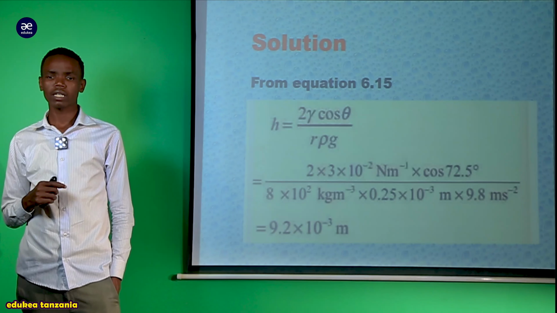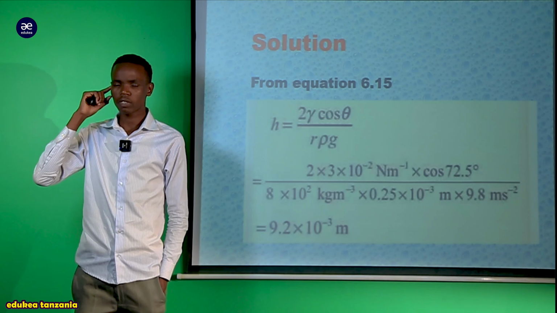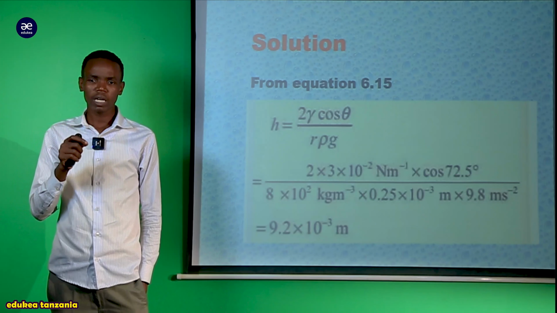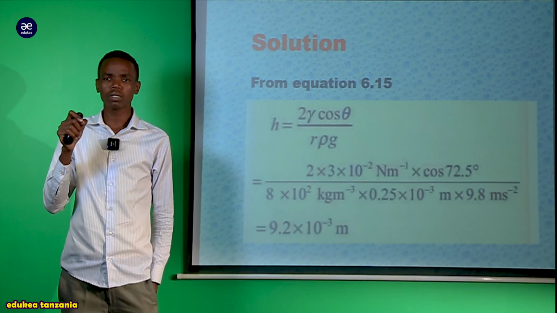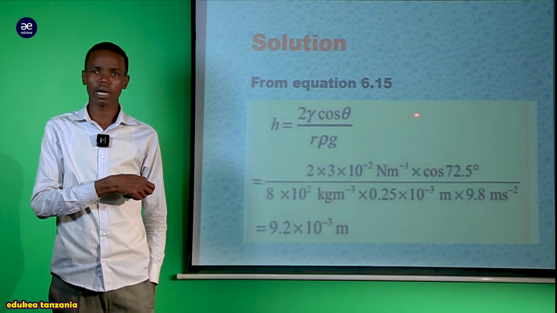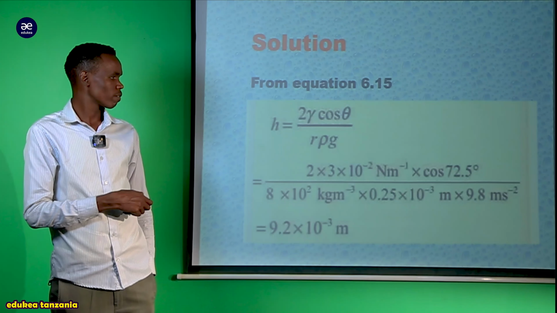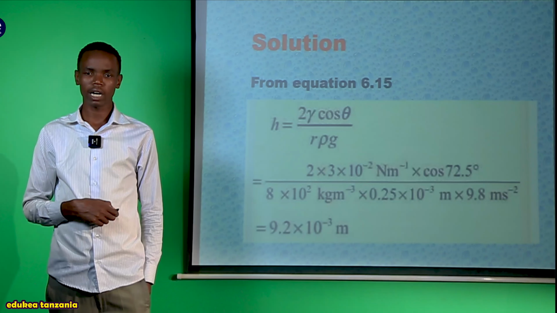So first of all, let us recall the formula for obtaining the height for the capillary tube. Our formula says that the height of the liquid in a tube must be obtained by taking 2 times the surface tension, then times the cosine theta, and also we divide it by r, density, g.